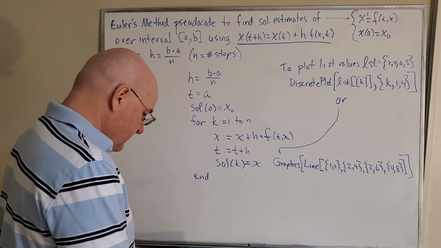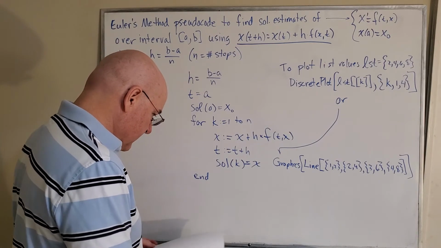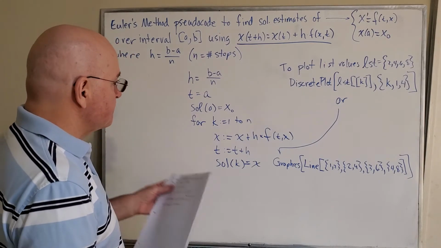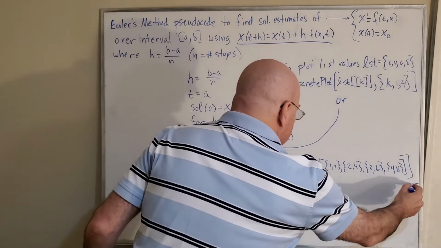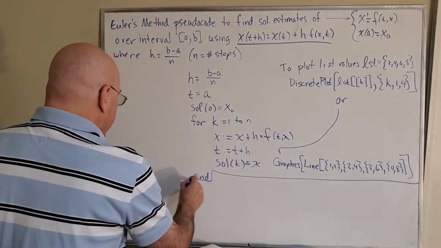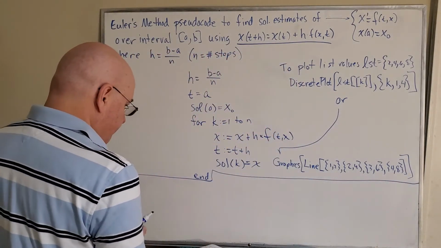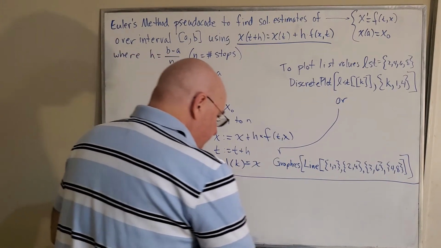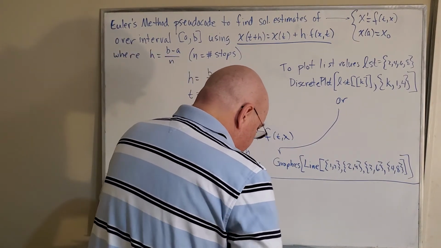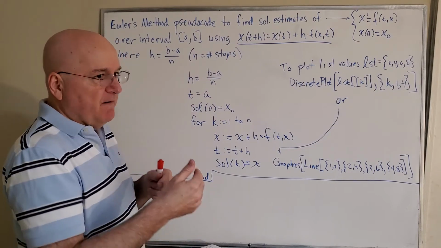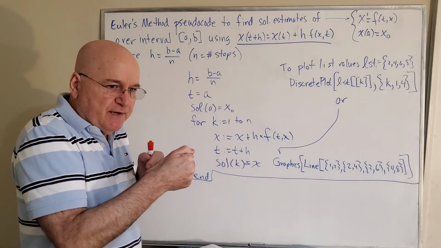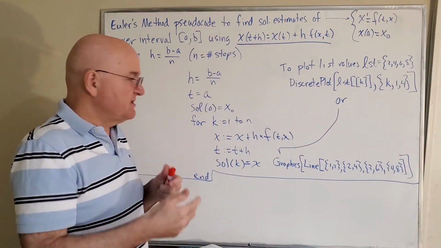And I think I have one final comment, unrelated to the pseudocode. If you wanted to improve this method, obviously I think the best way is to make your step size h smaller and smaller.